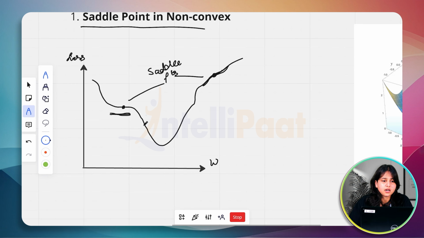So when we have a graph like this, you can see over here, when we find the slope, which is basically dL upon dW, it is going to be approximately 0, right? So in cases like this, we have our saddle points, and this is where our learning stops.